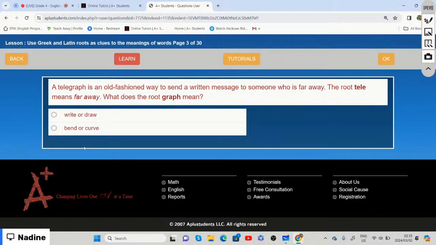A telegraph, right? A telegraph is an old-fashioned way to send a written message to someone who is far away. So the second one was correct. The root tele means far away.